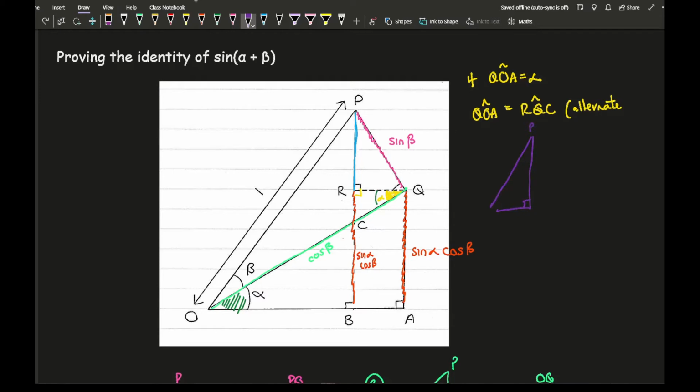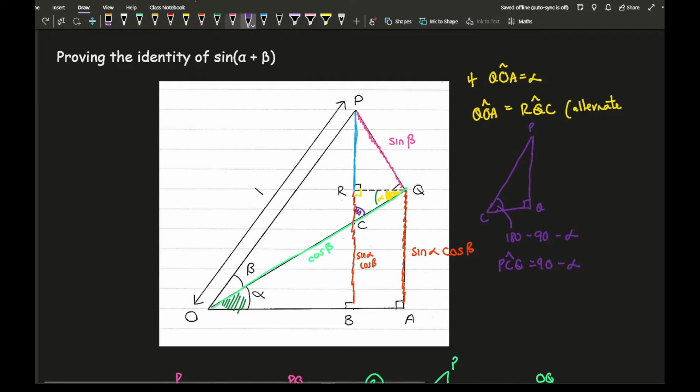this angle here is going to be equal to 180 minus 90, so right angle minus alpha. So that's what this angle here is going to be. So if I write this out, angle PCQ is going to be equal to 90 minus alpha.